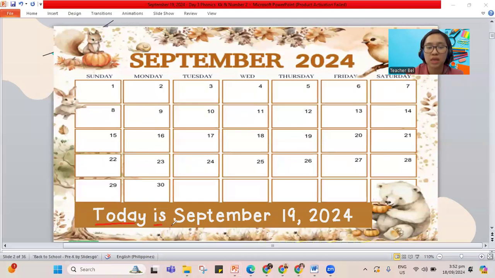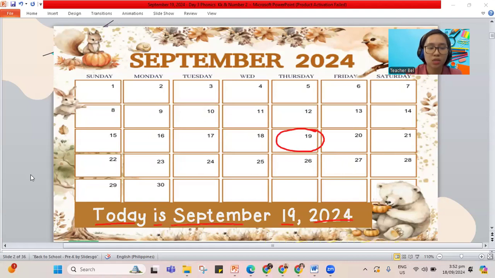Today is September 19, 2024. Our date is in the calendar, the one that I am circling right now. It is September 19. That's our date today. If you have your calendar with you in your house, you can check the date for today.